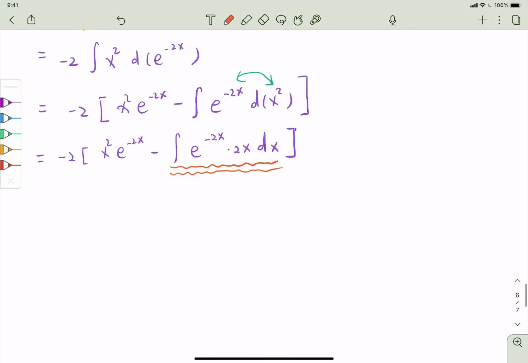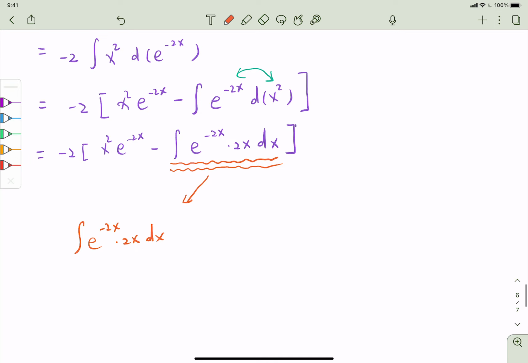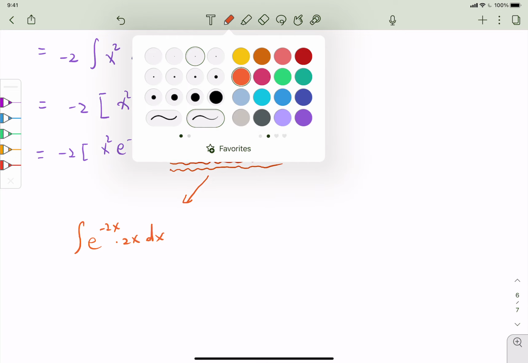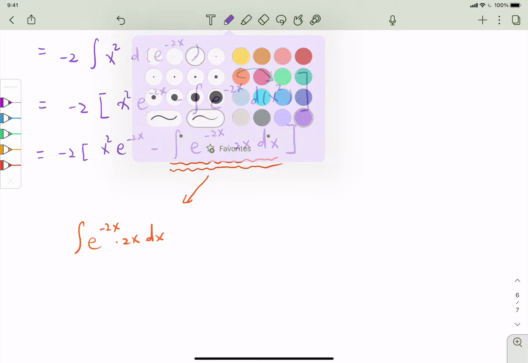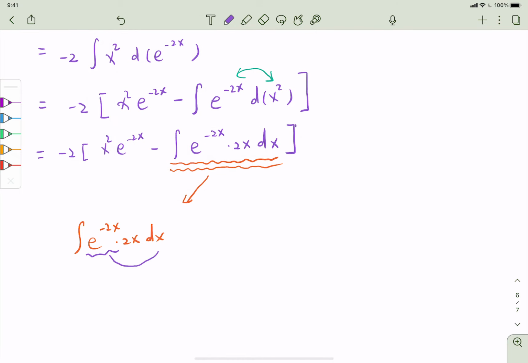So now this guy, 2x dx, right? Obviously we need to use the integration by parts once again. And then we're gonna let this go into the differential sign.